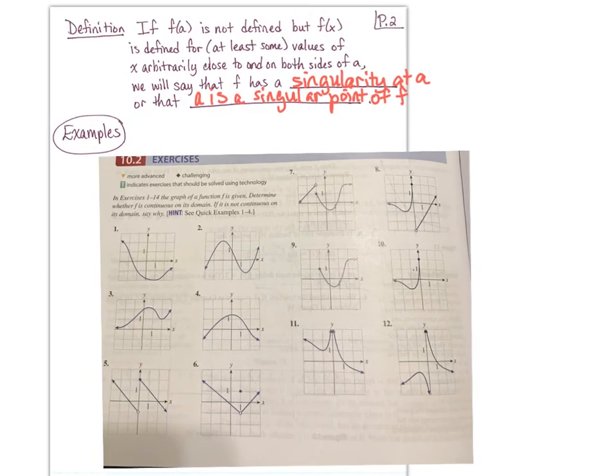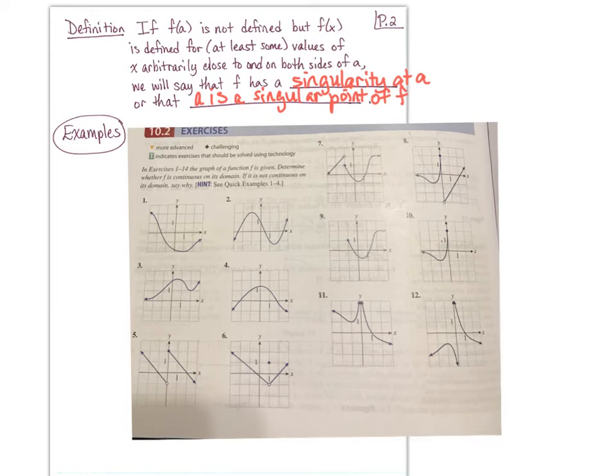Let's look at some examples to make sure we understand this idea of singularity and discontinuous or continuous. We are going to look at exercises from the book because you have the graph drawn and you don't have to worry about what I'm sketching.